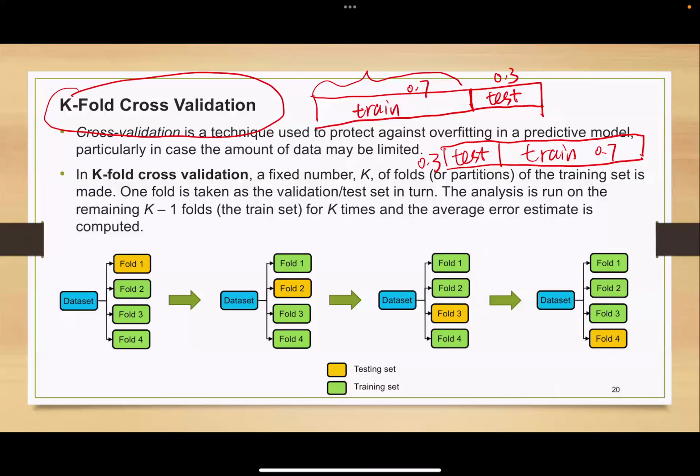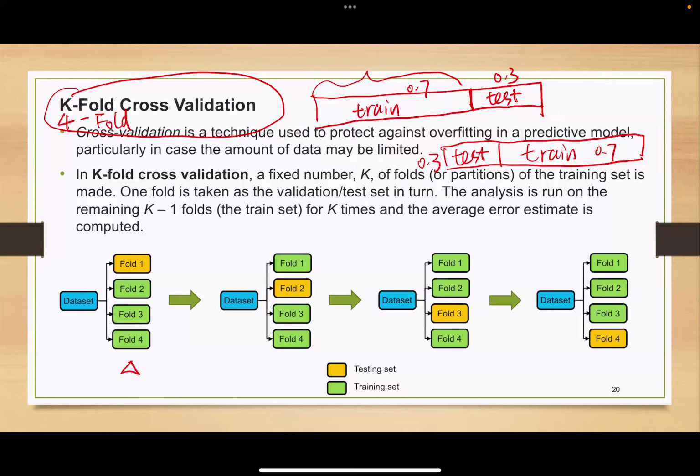So we split this data set into several folds. If we split it into 4 folds, then it means four-fold cross-validation. In this example, this is 4-fold cross-validation.